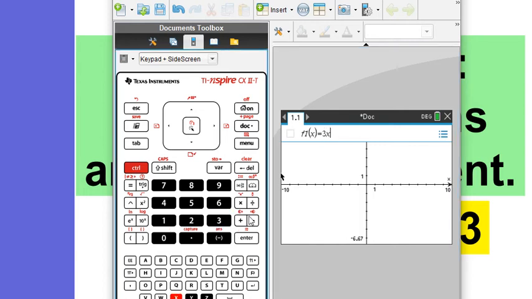So what I'm really trying to do is consider every possible value of x in the expression 3x plus 4. And I get a line. Now when I press tab, it gives me f2 of x. And this time, I want to explore what happens when I put in the expression 2x plus 3.